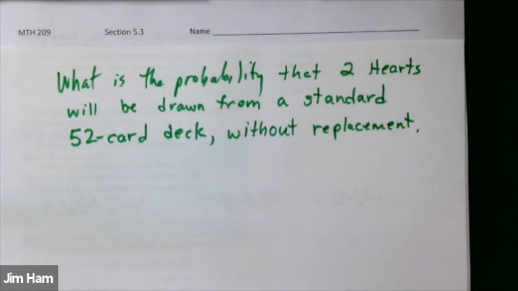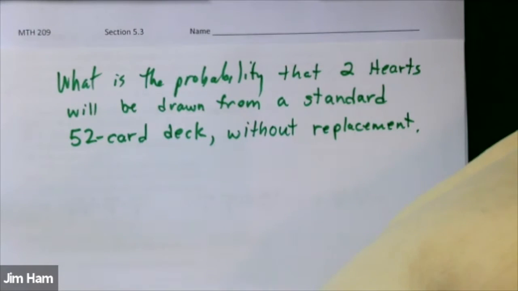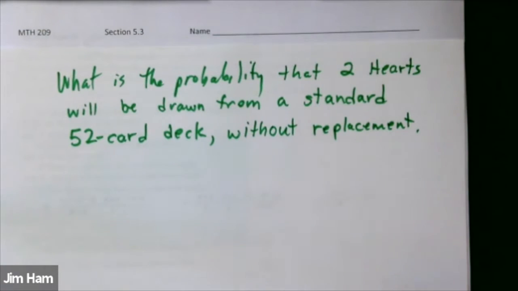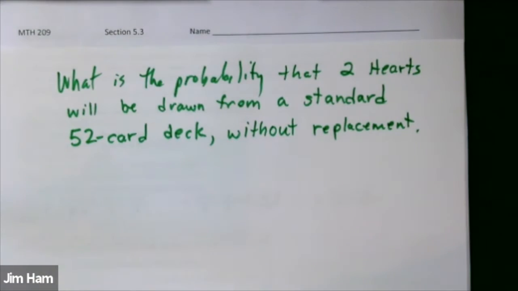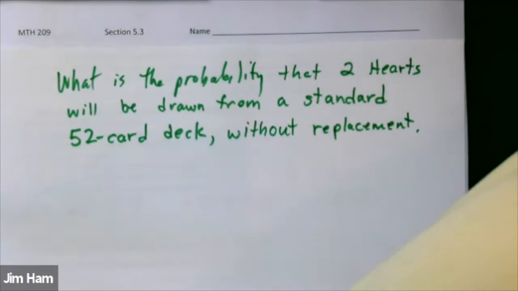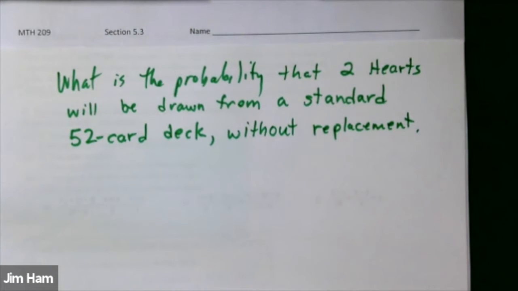What we're assuming here is that we take one card out and set that card aside. So the first card we're drawing is from 52 cards in the deck, and for the next card, since that first card is not replaced, we're only drawing from 51 cards. All right, so that's the difference.